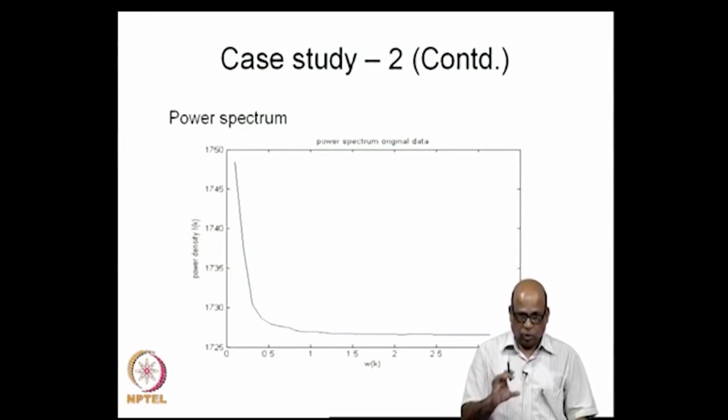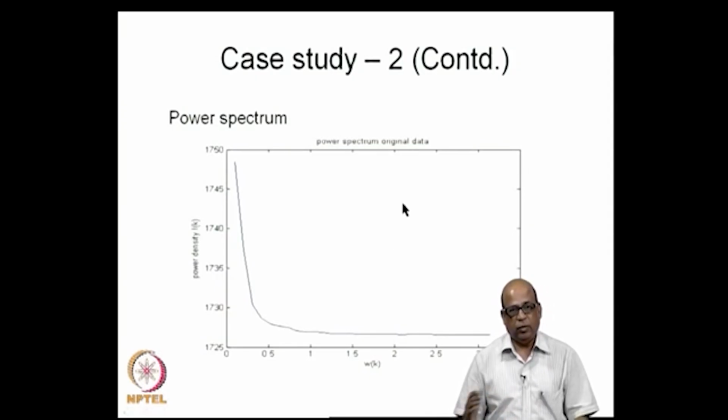But typically it is the correlogram and the partial autocorrelation function that give good indications for the autoregressive process. So, in this particular case we can say that this follows closely the AR2 process.